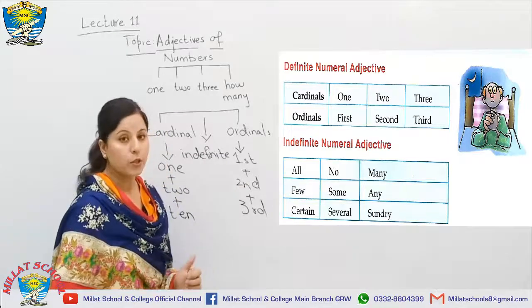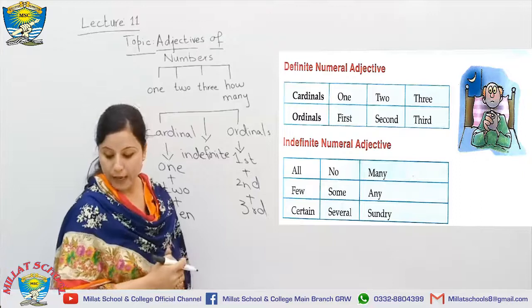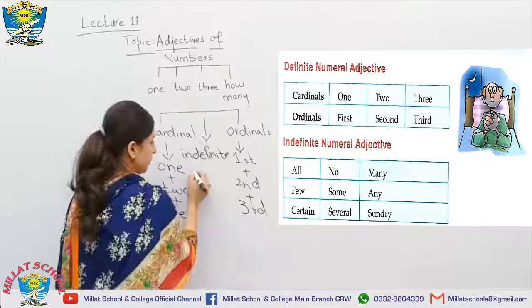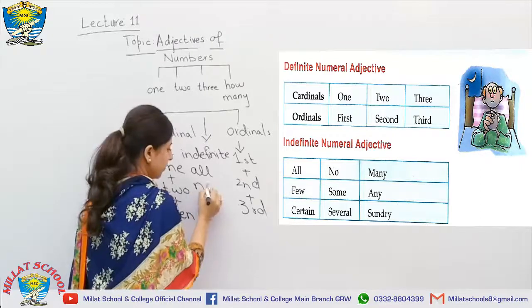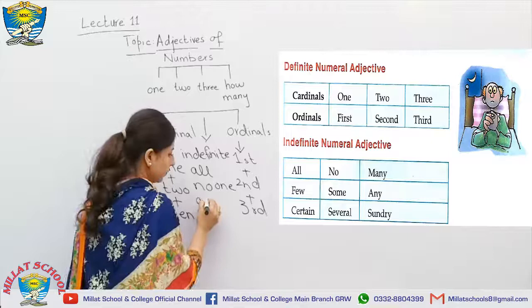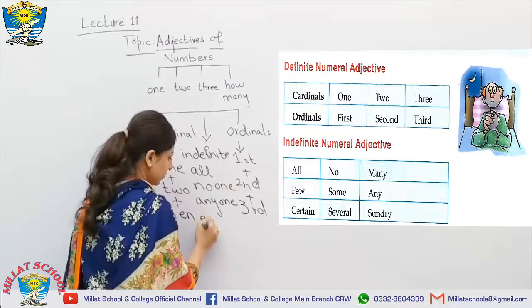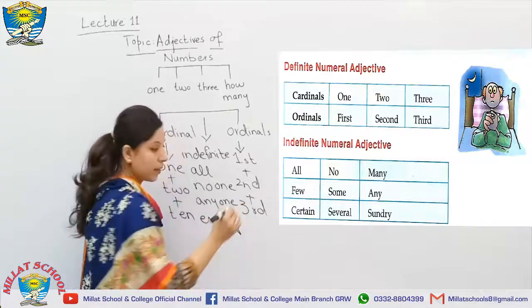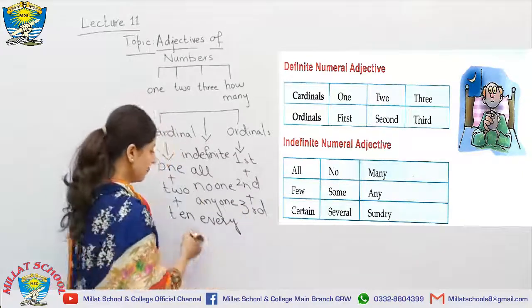We are able to write these adjectives of number in this form, like all, no one, anyone, everyone, and moreover some, many.